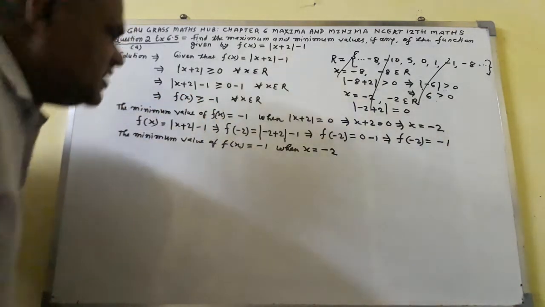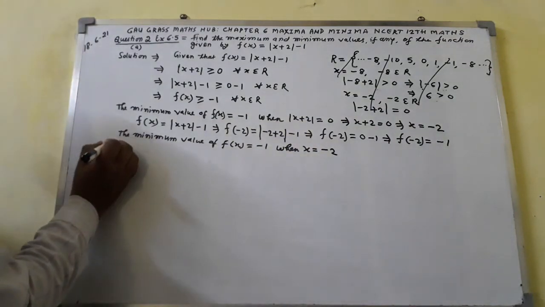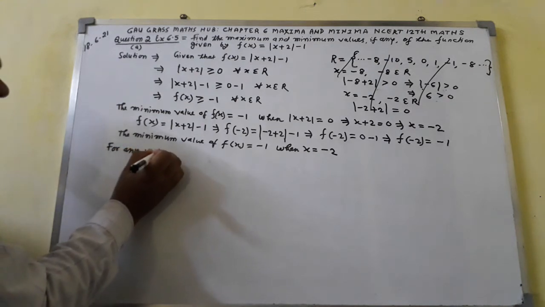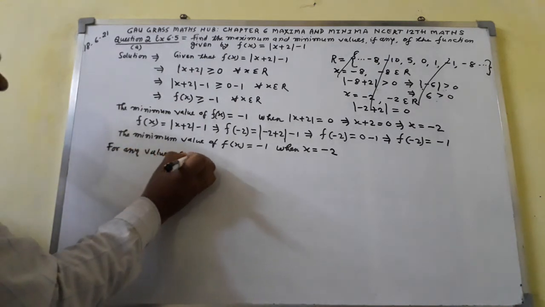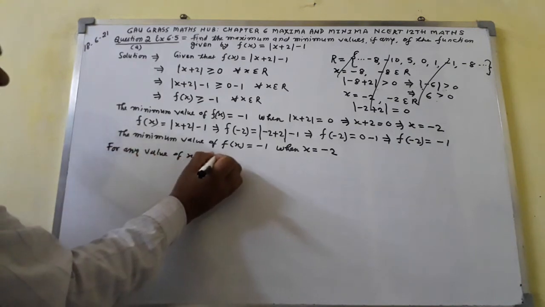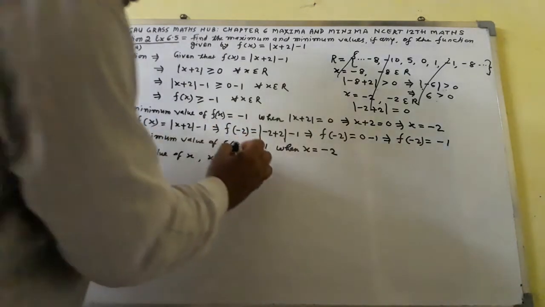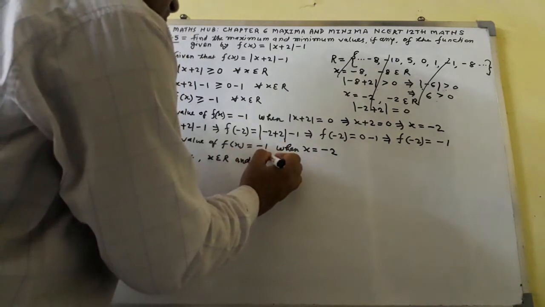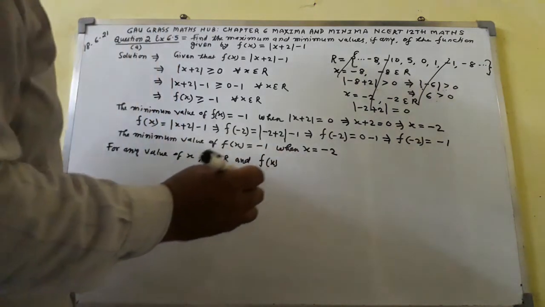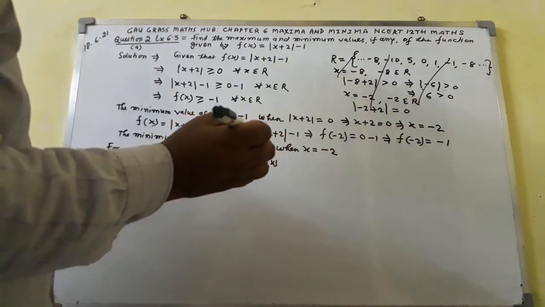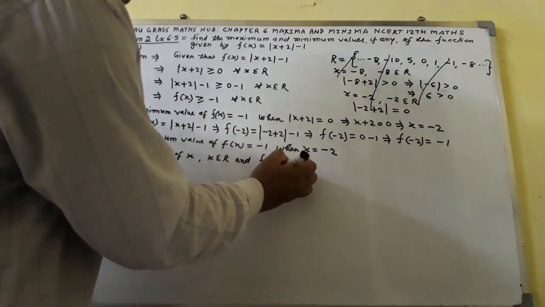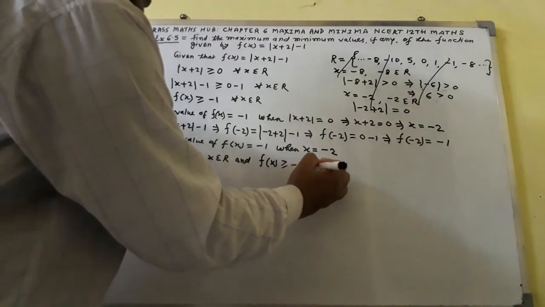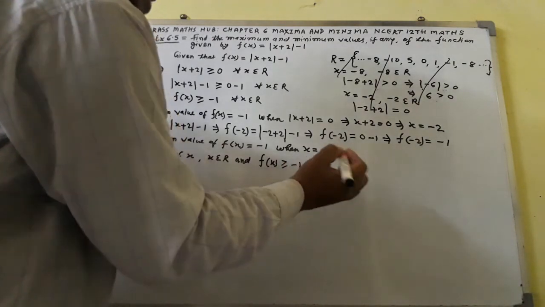So here I can write very well, for any value of x belonging to the set of real numbers, f of x is greater than or equal to minus 1.